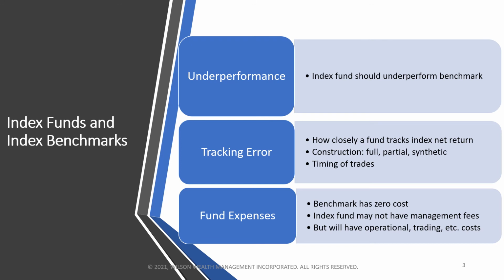So if I have 500 stocks in the S&P 500 or 30 stocks in the Dow 30, I buy all 30 or all 500 in their proportionate weightings, and I fully replicate that benchmark. But as you can imagine, that can take time. It can take transaction costs.